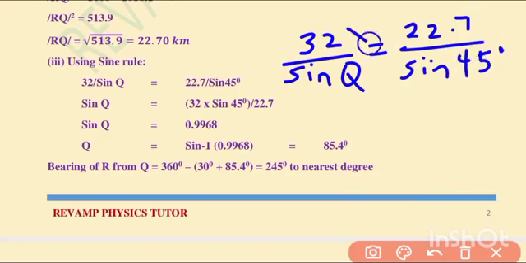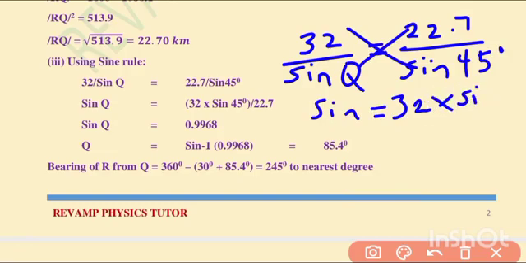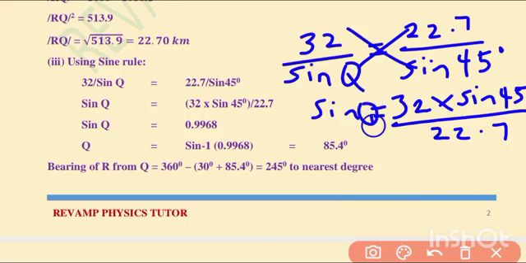And we cross multiply to make sine Q the subject of the formula, and we have 32 multiplied by sine 45 over 22.7, and with that we get the value of sine Q to be equal to 0.9968.